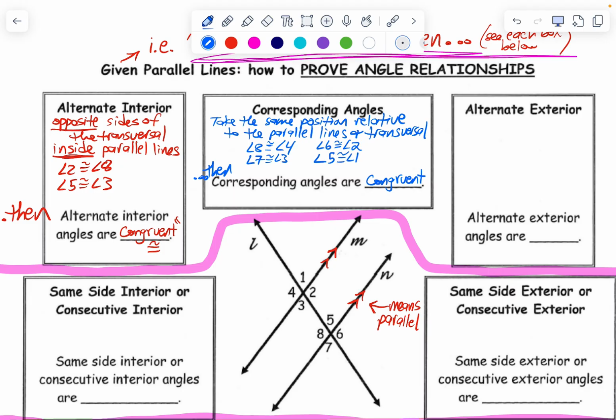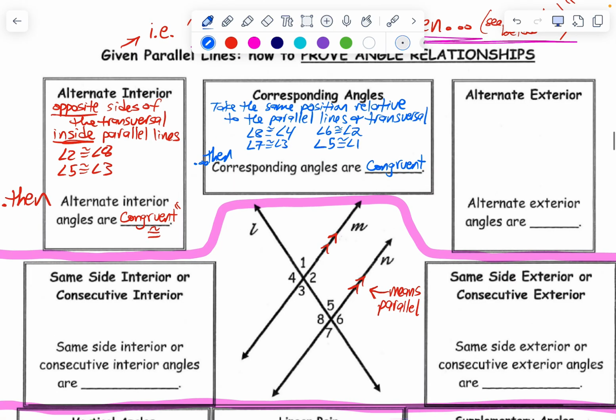Angle 1. So we have 4 pairs of corresponding angles in this system. Keep in mind we can add a whole bunch more lines. In fact, we will. And this is why you need to study these, because when we start adding lines, it gets harder and harder to see the pairs.